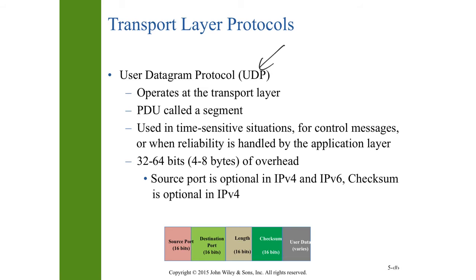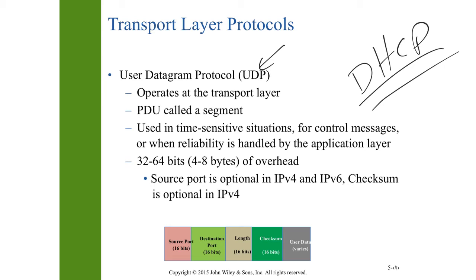So UDP is connectionless, there is no confirmation. The sender just sends the data and assumes that the receiver has received it. Your radio station works that way. DHCP works that way, it uses UDP packets. But those are the two most common protocols used at the transport layer today.